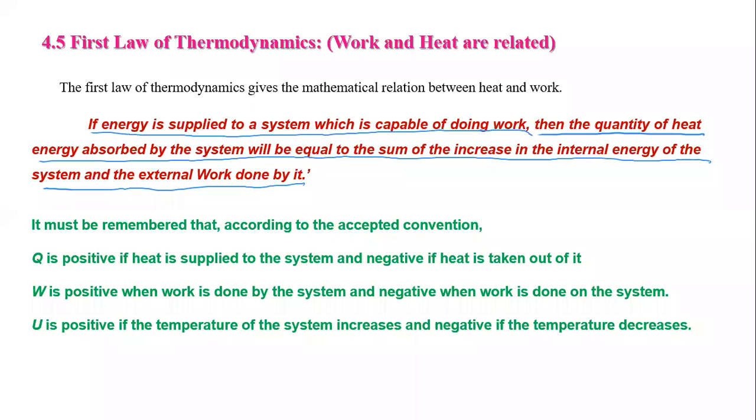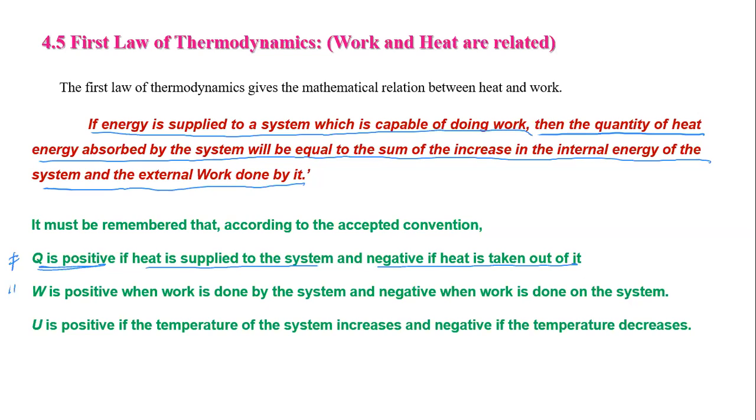It must be remembered that according to the accepted sign convention, Q is positive if heat is supplied to the system, and negative if heat is taken out of it.